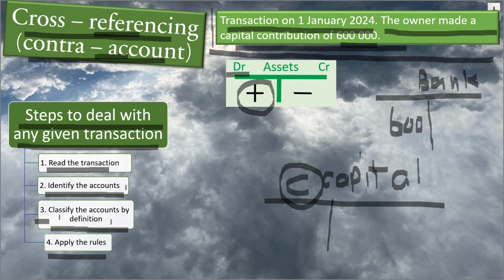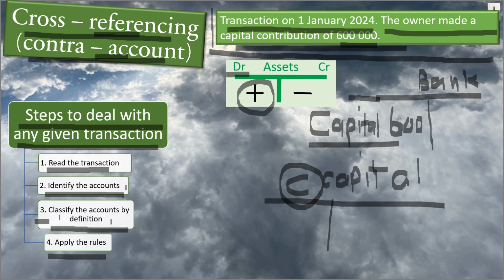Now, also what gets put in the details column is the name of the contra account, the other account affected by the transaction, which is capital.